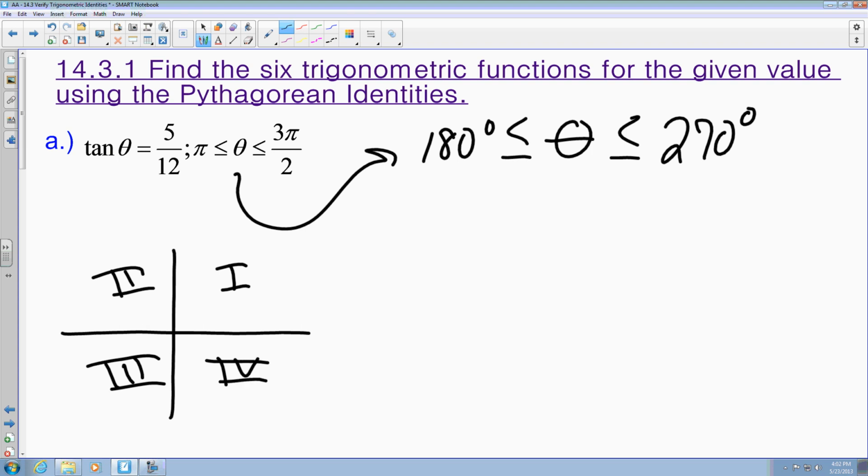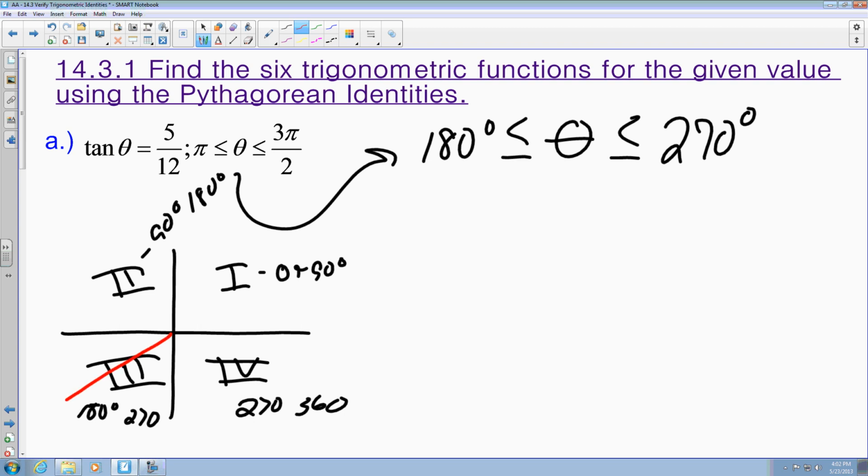The first quadrant is between 0 and 90 degrees, here it's 90 and 180 degrees, this one is 180 and 270, and this one's 270 and 360. With that being said, our theta is between 180 and 270, so I'm going to have a reference angle somewhere in the third quadrant.